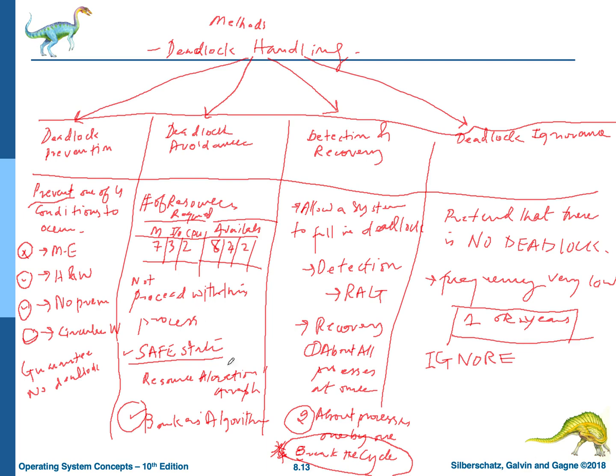And if it is occurring in 1 or 2 years, then how much loss will it make? So it's fine.